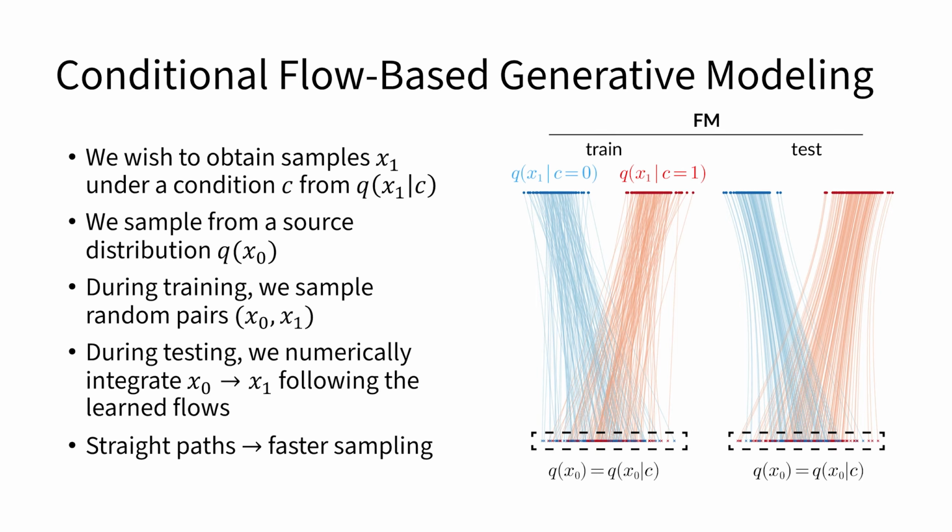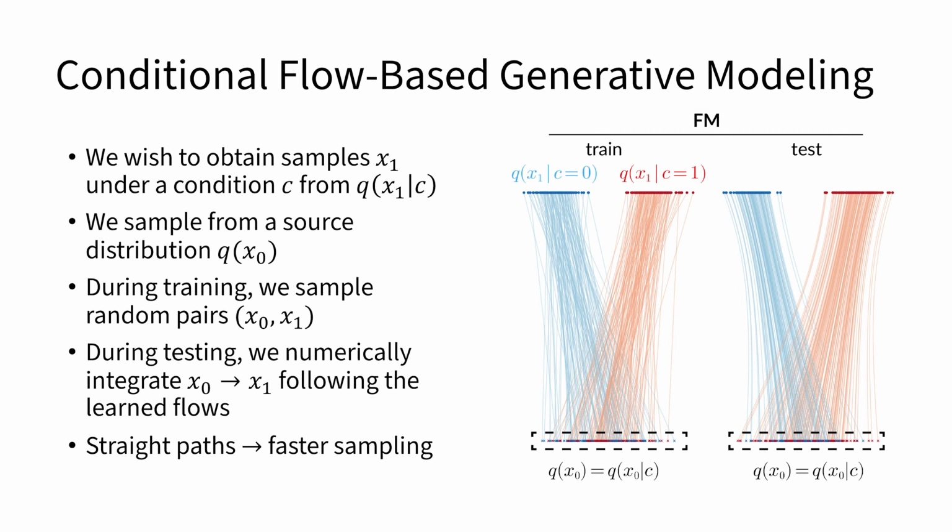During both training and testing, we would have access to a source distribution Q(x0), which is shown as the bottom distribution. During training, we randomly sample pairs of x0 and x1 and we compute the flow matching loss.